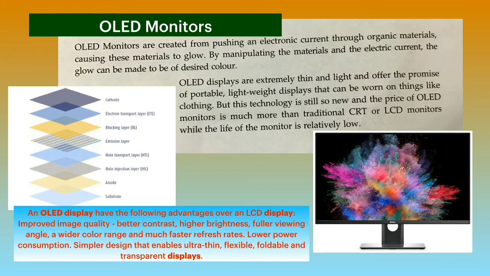A wider color range, means it has many colors in its pixels, and a much faster refresh rate, means it can go more than 120 hertz. It actually consumes lower power, and as it is very thin, it can be pasted or used almost anywhere, maybe upon your clothes.